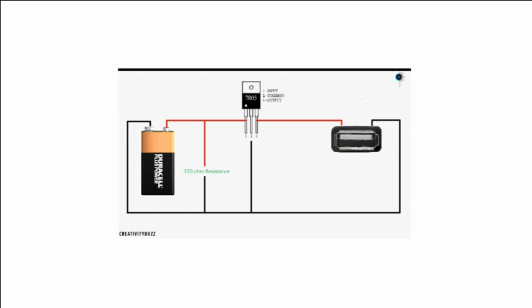We will need these things: IC7805, a 9 volt battery, a micro USB port, and connecting wires. Next, connect the components in this fashion: the battery, the L7805, and the USB port. In this fashion.